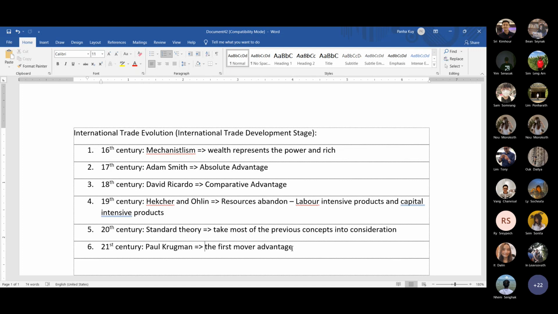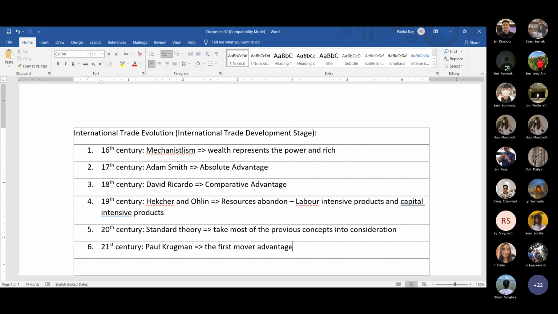One of his theories is the first mover advantage. He believed that if you are the first company to join the market, whether domestically or internationally, you will have the advantage. There are two advantages here.